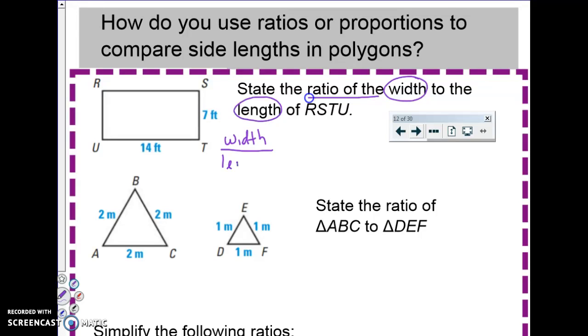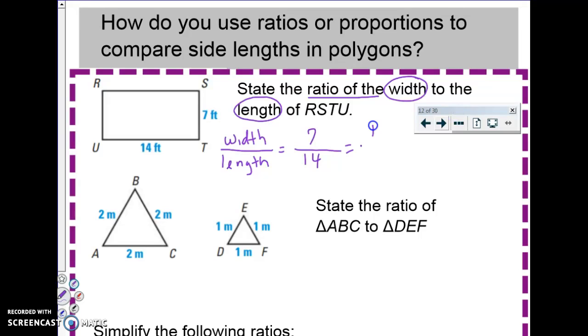And you're going to see me do that over and over again. All right, so then I know that width goes on top because it's stated first in the word problem. The width of this quadrilateral is 7, and the length is 14. I know that both those numbers have a common factor, so I can go ahead and simplify this to 1/2, and you're expected to do that. All right, so that's one common example.